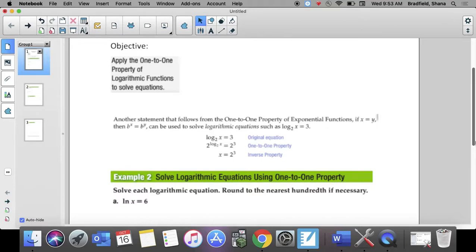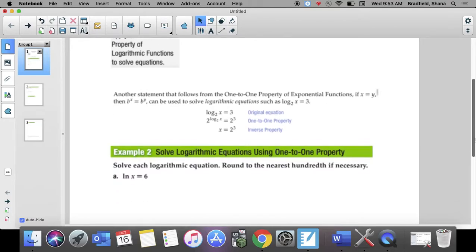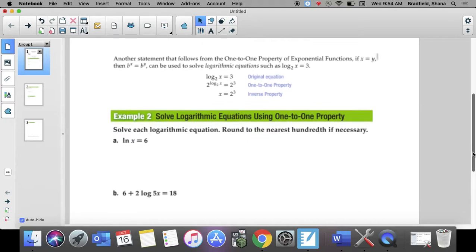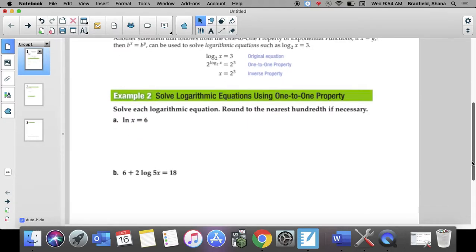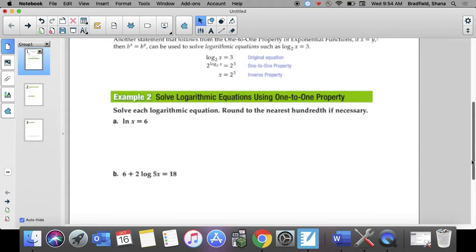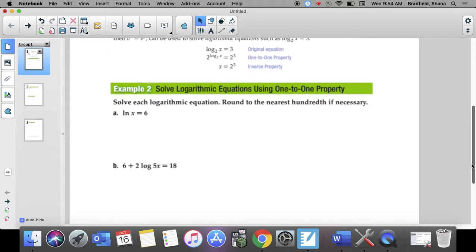So basically, we want to do the same thing to both sides in order to solve the equation. And so we're going to, instead of giving it a log, we're going to give it a base.